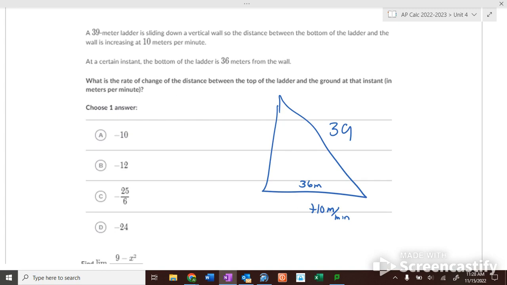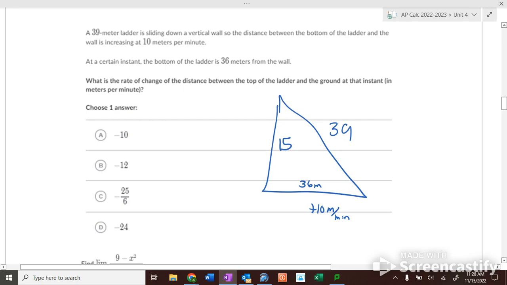Somebody, calculator. 39 squared minus 36 squared. And the square root of that? 15. Sounds good to me.